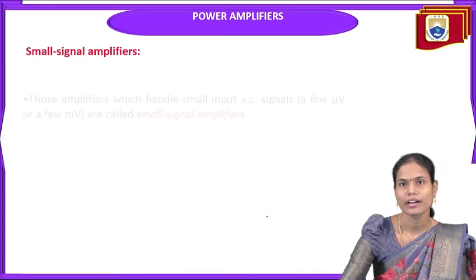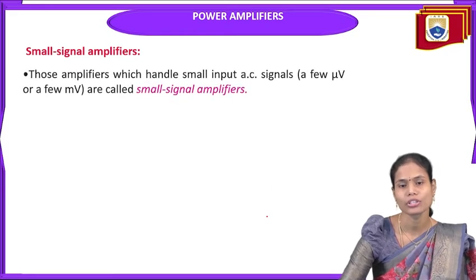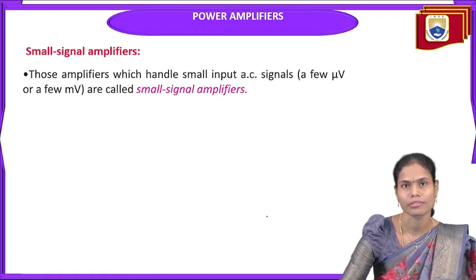Before going to that, in the power amplifiers we have two types, small signal amplifiers and large signal amplifiers. Small signal amplifiers handle very small input AC signals. They take the input as a very small signal, almost some microvolts to a few millivolts range. They accept that particular range of signals and amplify them.